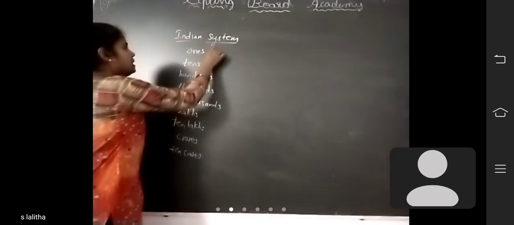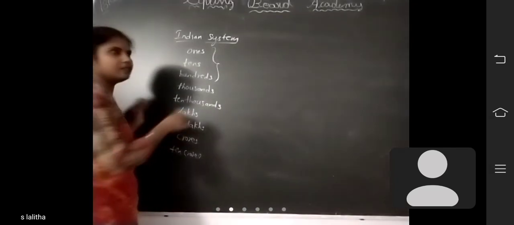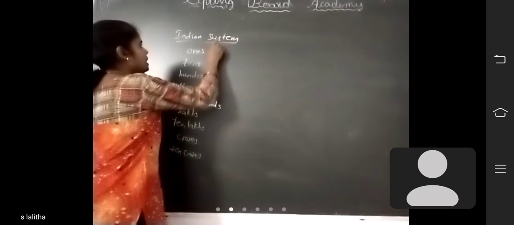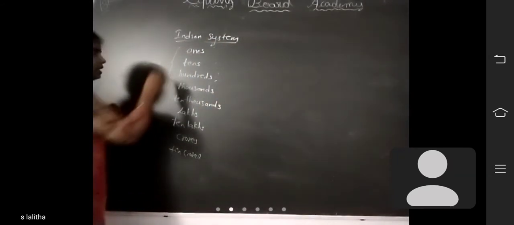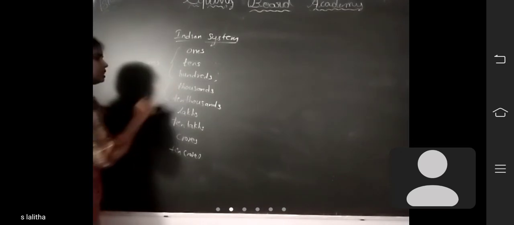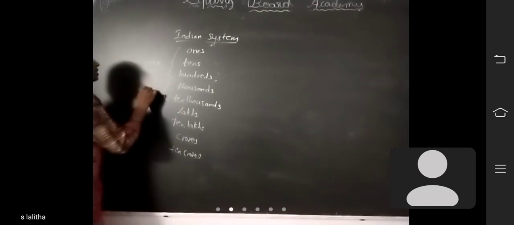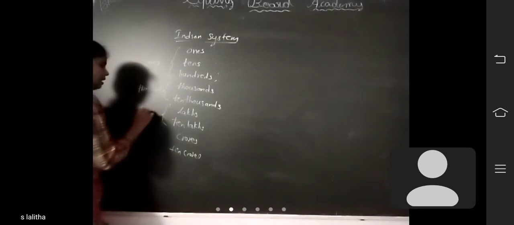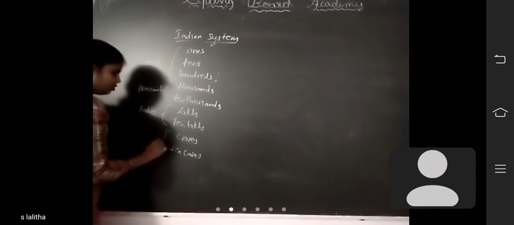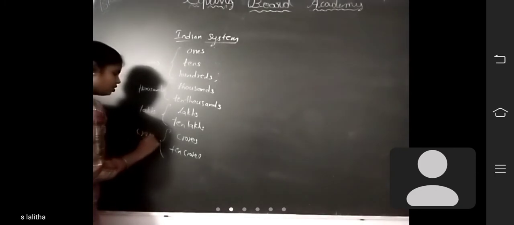1, 10, 100. What do you call that period? Ones period. Thousands, 10,000, thousands period. Lakhs, 10 lakhs, lakhs period. Crores, 10 crores, crores period.